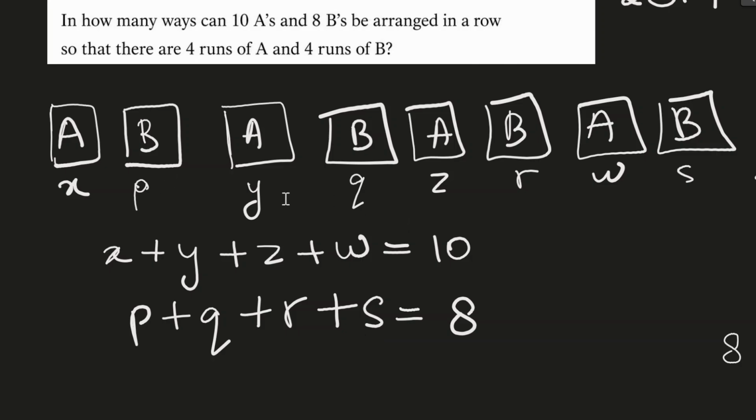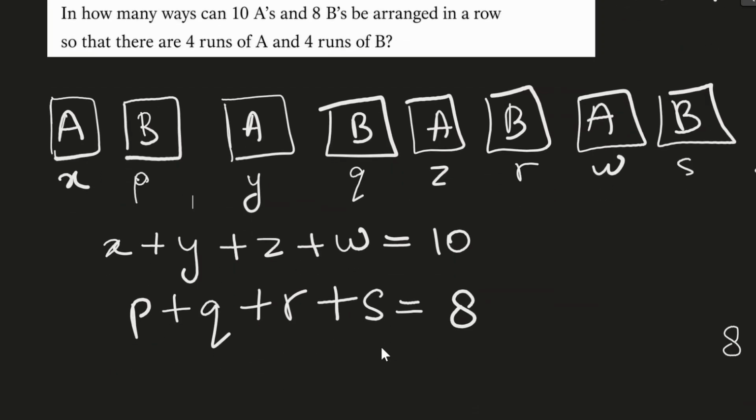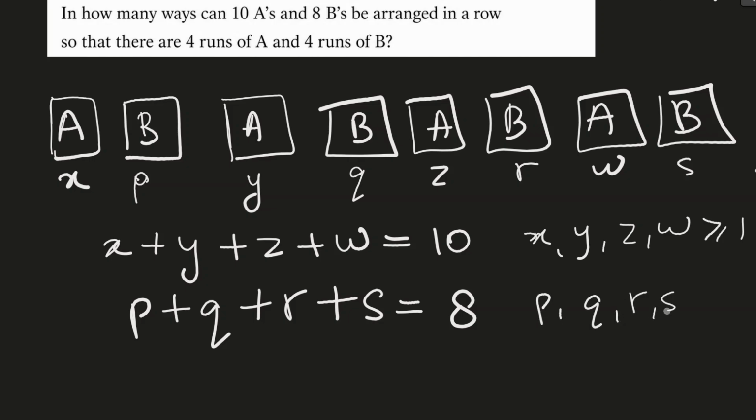And if they become one block, we won't have four runs of B as given in the question. So all these numbers X, Y, Z, and W have to be greater than or equal to 1, and similarly P, Q, R, and S also have to be greater than or equal to 1.